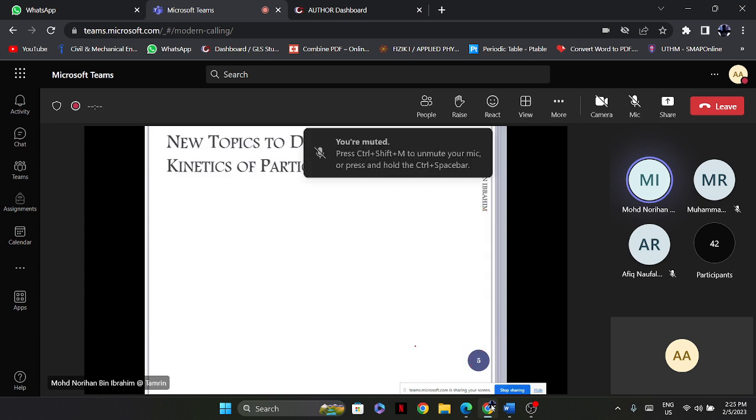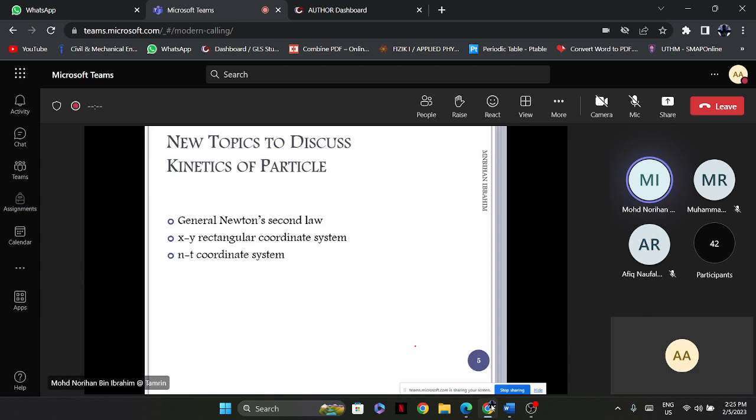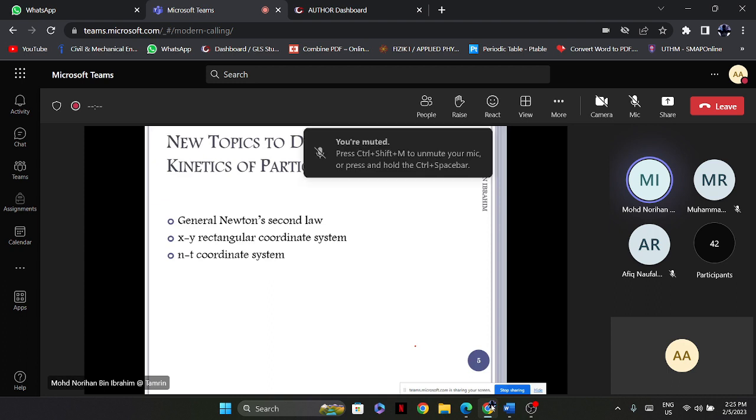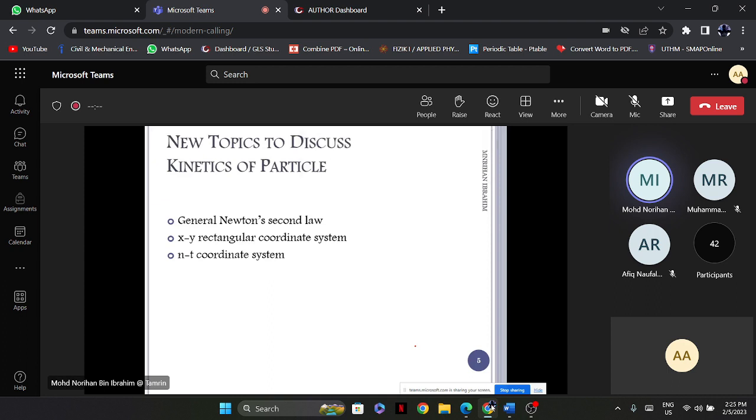The new topic to discuss today is the kinetics of particles. We discuss the applications of Newton's second law of motion: the general law, the XY rectangular coordinate system, the normal-tangent coordinate system, and the radial-transverse coordinate system.